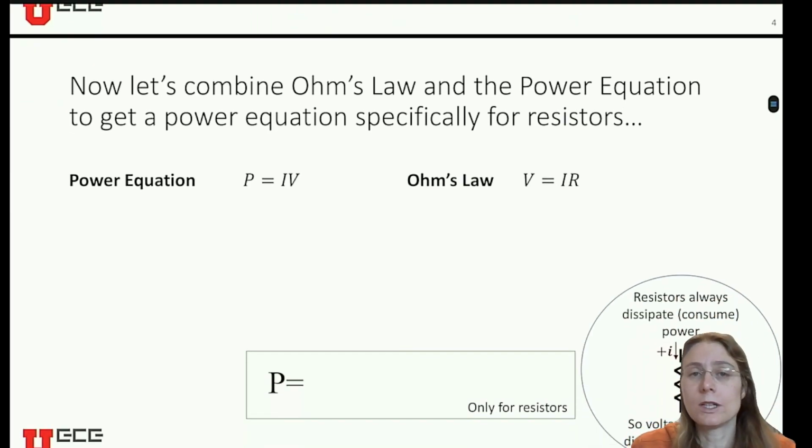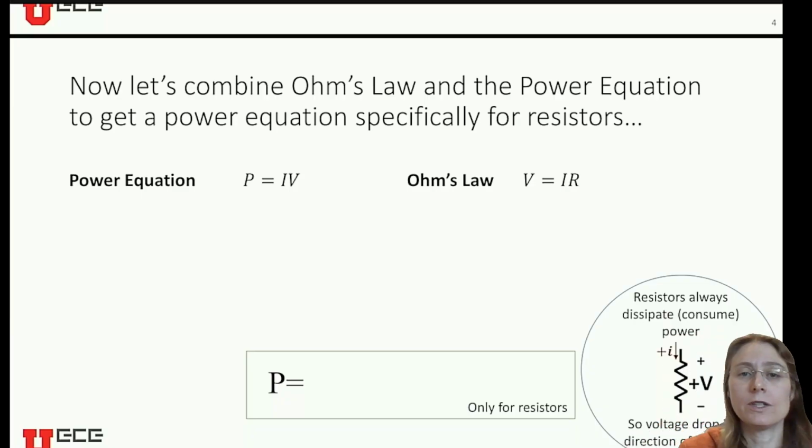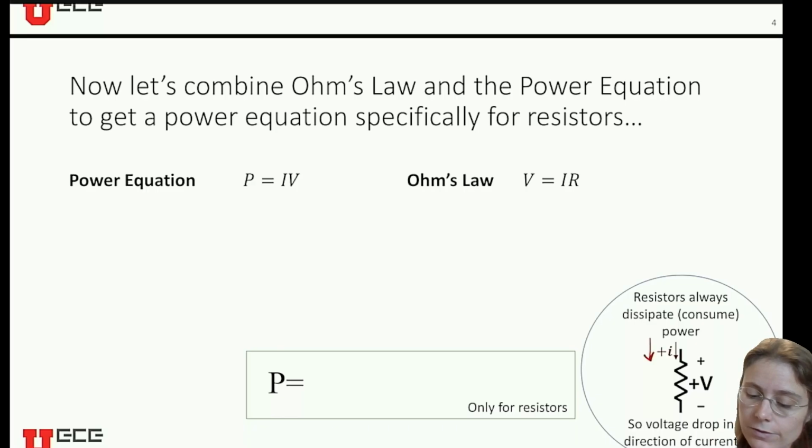Now we can combine Ohm's law and the power equation to get an equation specifically for power and resistors. But it's important to remember this equation will only work for resistors. And so resistors always consume power. They turn basically current and voltage into heat. And so the passive sign convention has us always drawing the current arrow going into the positive labeled terminal for voltage.